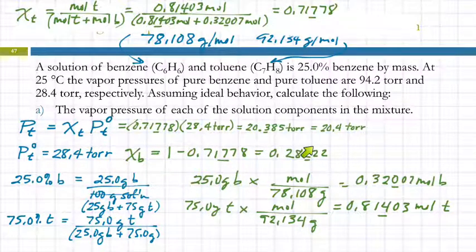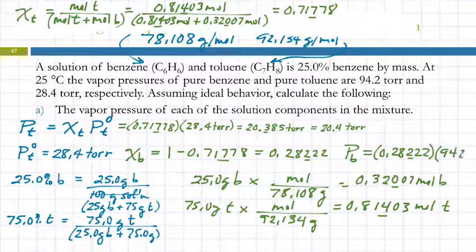So we can take the mole fraction of benzene and multiply by the vapor pressure of pure benzene, which was 94.2 torr, and get the partial pressure from the benzene.